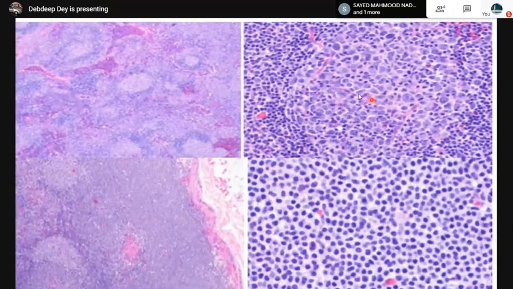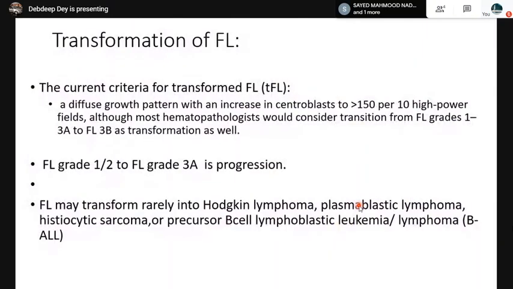So this is another case in which, as you can see, there is a very nice follicular growth pattern along with these follicles and this marginal zone differentiation, and small round cells with clear cytoplasm.